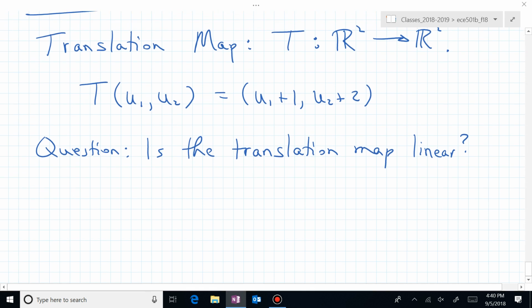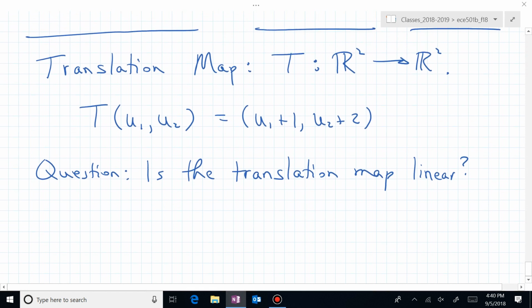What would your guess be, or do you have a guess? Does U1 plus 1 and U2 plus 2 look linear? If you had to sketch y equals x plus 1, would you say that's linear? Yeah, you would.